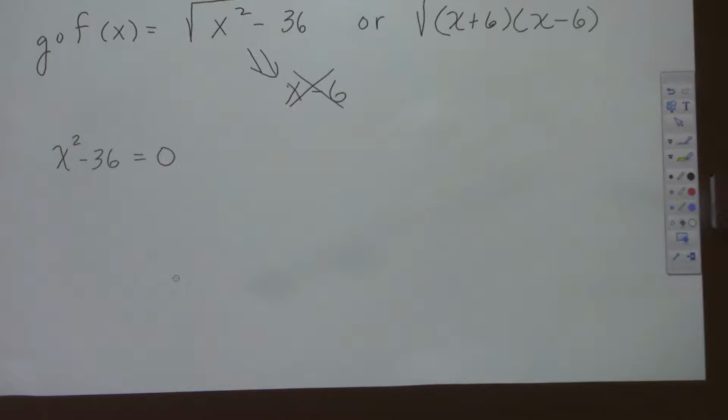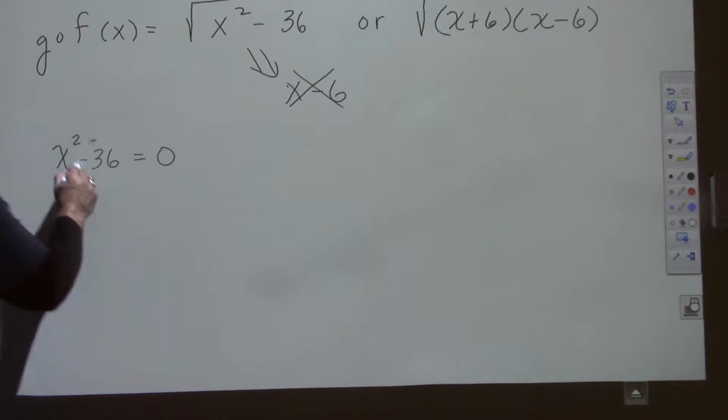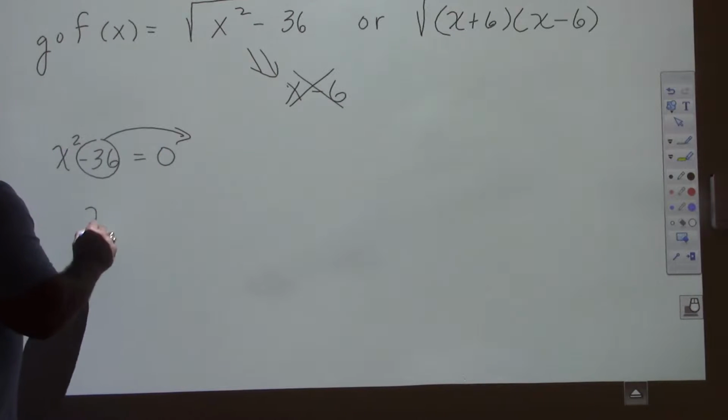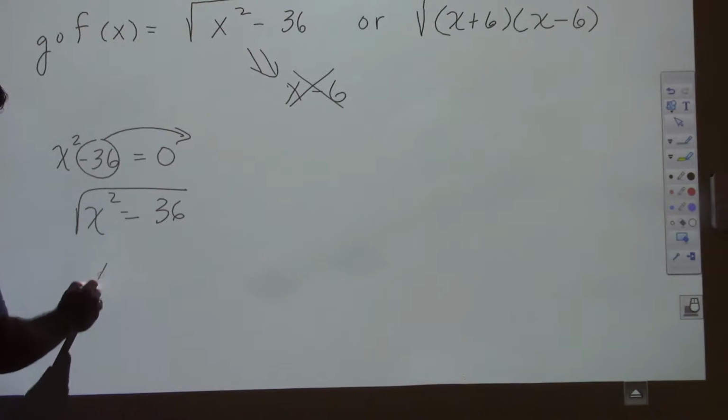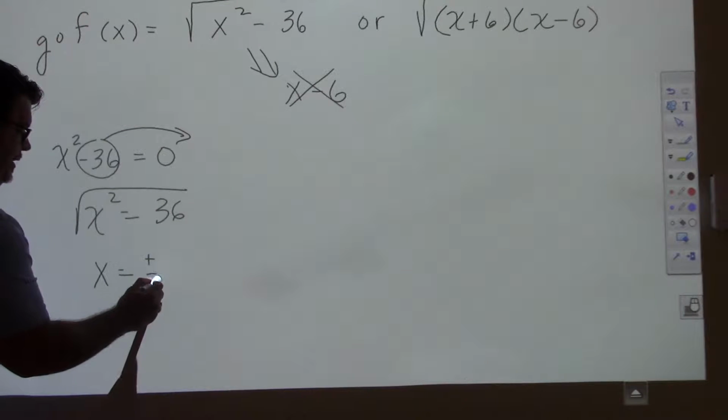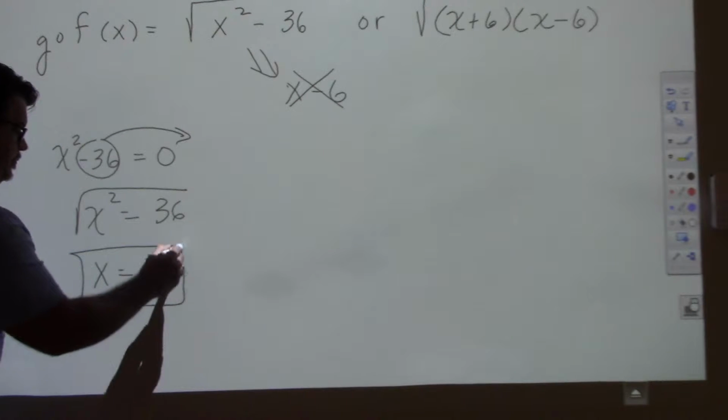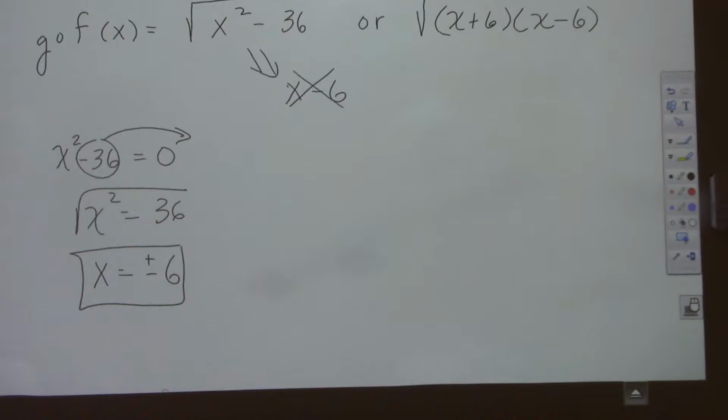Because you don't need that. So, bring that 36 over, and you get x squared is equal to 36. X is equal to positive or negative what? So, negative 6 will give you a 0, and positive 6 will give you a 0.